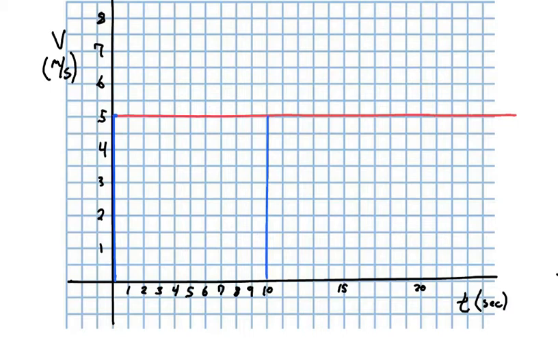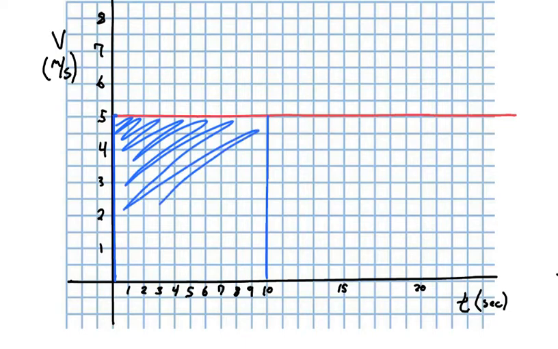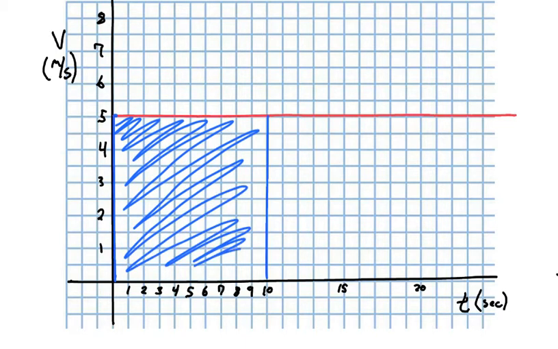And again, just for fun, let's imagine the shape underneath this line, within these boundaries, defined by the shaded area here. We'll go from the graph at 5 meters per second down to 0 meters per second. And hey, why not? Let's find that area.